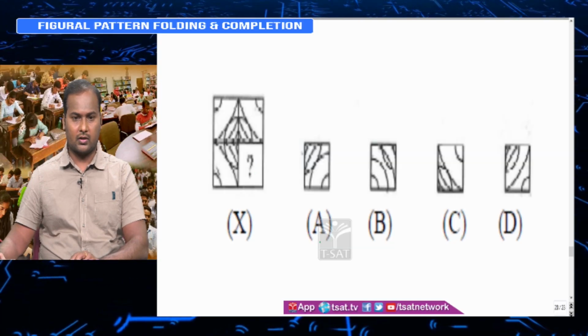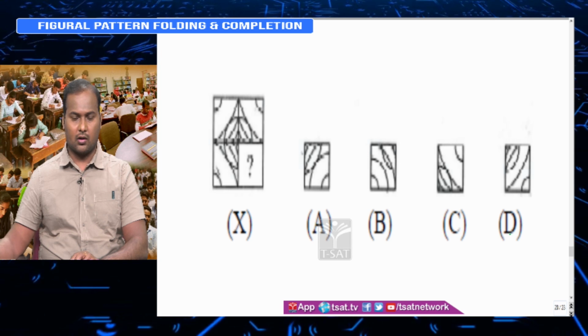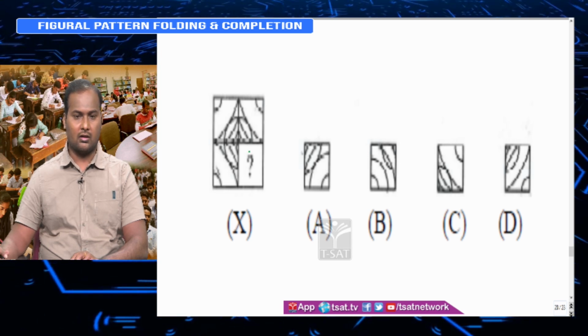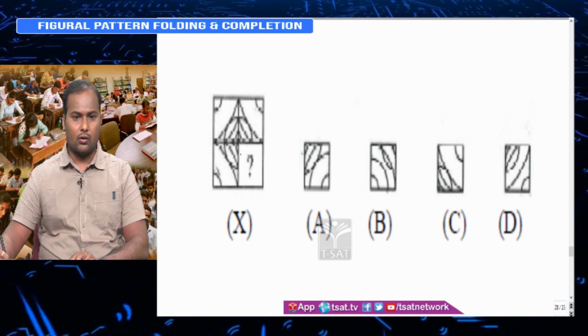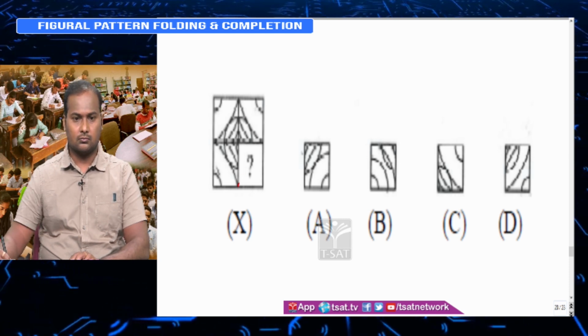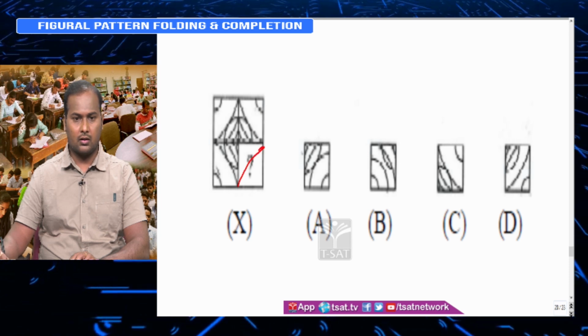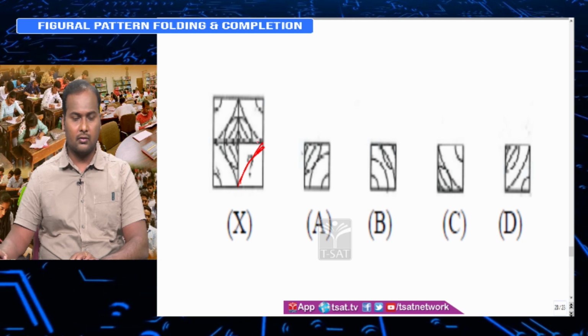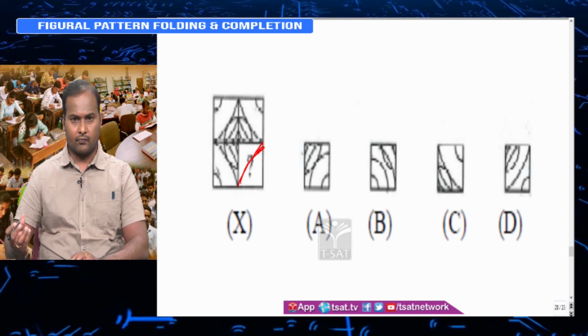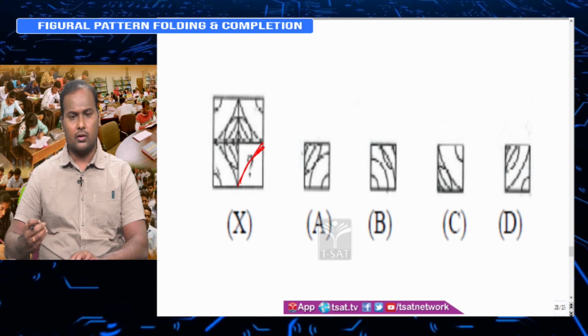You need to identify whether option A, B, C or D, which one you will fill so that it will be a complete figure. For this, I said that you have to draw an image directly from one corner to another corner. What you have to do is start eliminating, because whenever the figure is a bit cumbersome, quite extensive, you start eliminating.